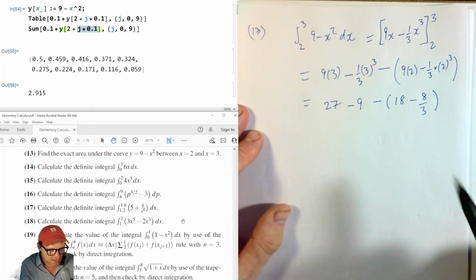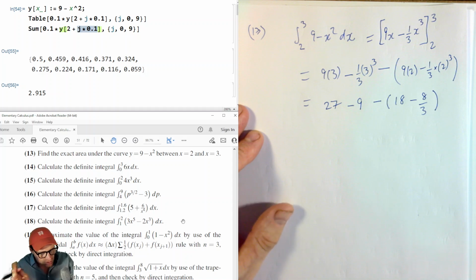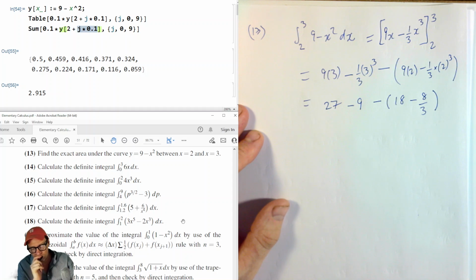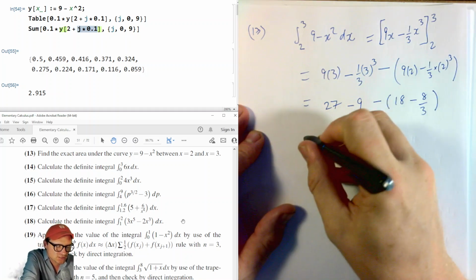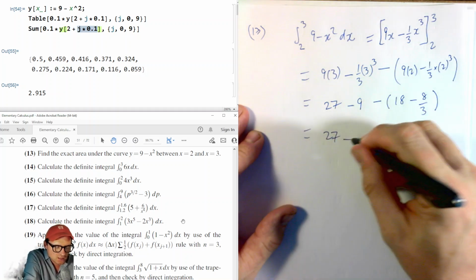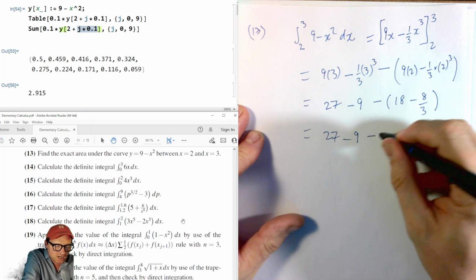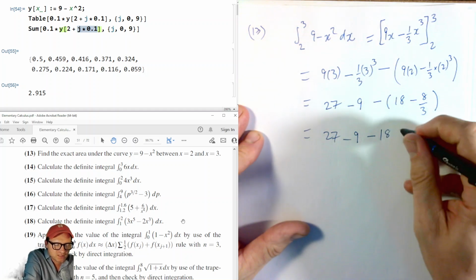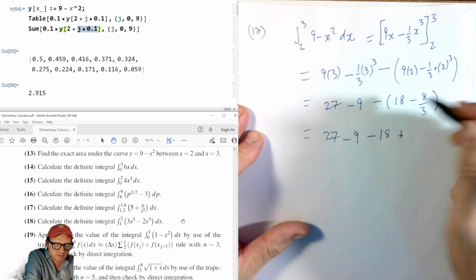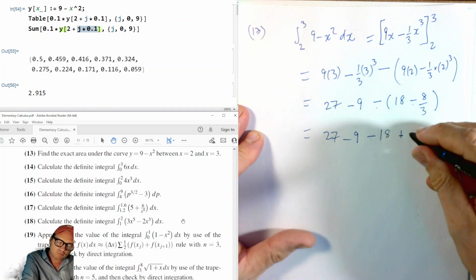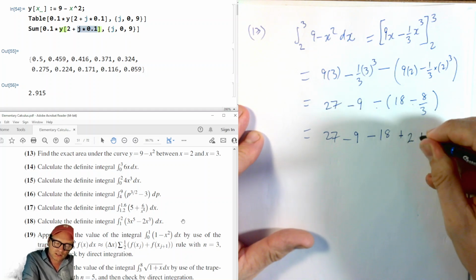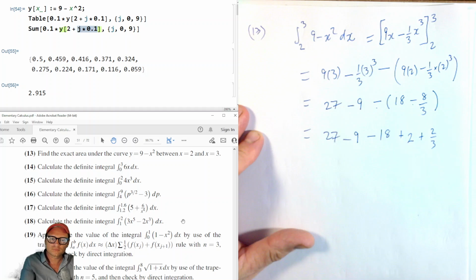Okay, so 8 over 3, that is 2 and 2/3, isn't it? So it's 2 and 2/3. So let's write 27 minus 9 minus 18, and then plus, because minus times minus is plus 2, and then plus 2/3.